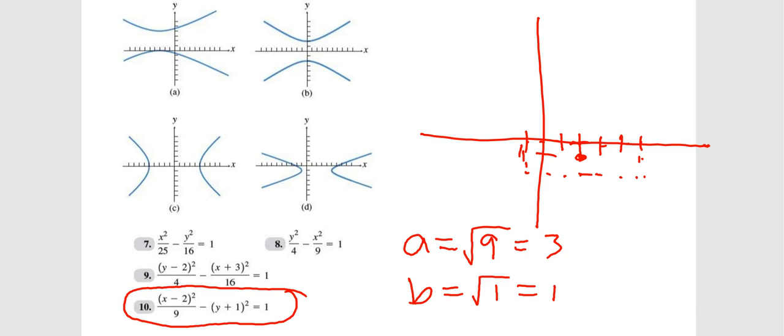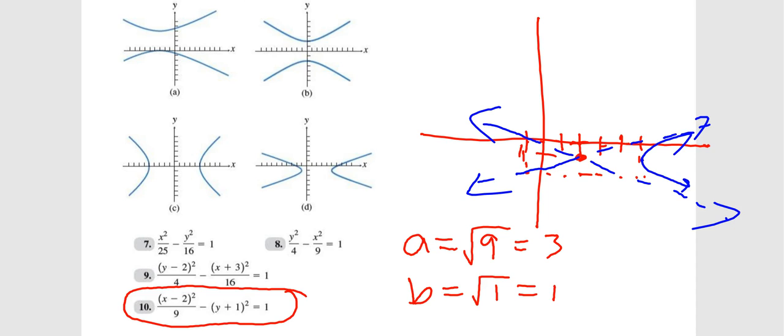So I got asymptotes that go through the corners. Since the x term is the positive one, do you think it opens left and right or up and down? Left and right. So it touches the edge of the box and goes this way.